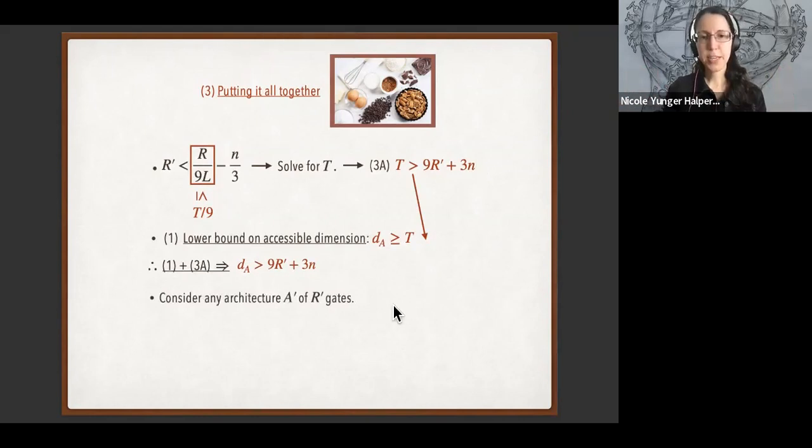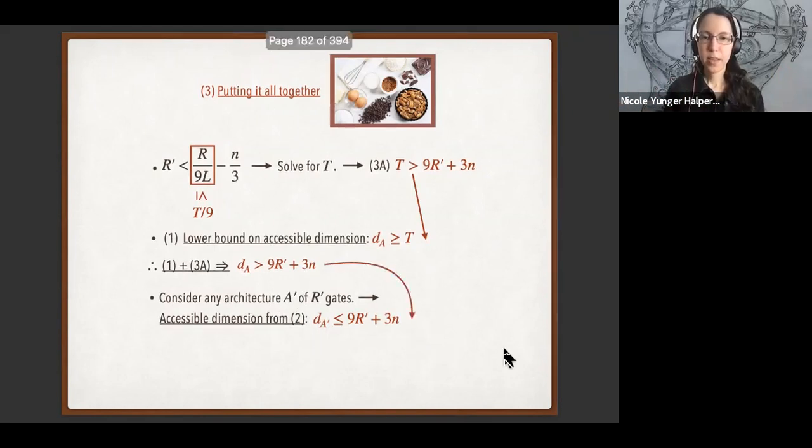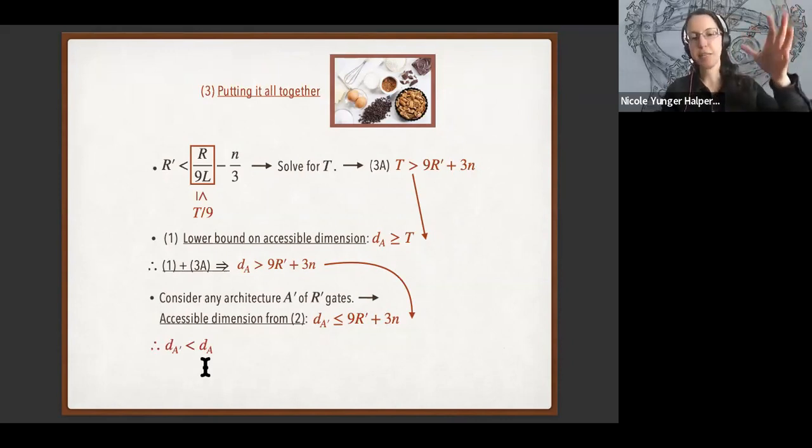Now, consider any smaller architecture A prime of this lesser number R prime of gates. We also had an upper bound on the accessible dimension from lemma number 2, and we can apply that to the accessible dimension of this smaller architecture. Then we can chain these 2 inequalities together and conclude that the smaller architecture has an accessible dimension strictly less than the accessible dimension of the larger architecture.